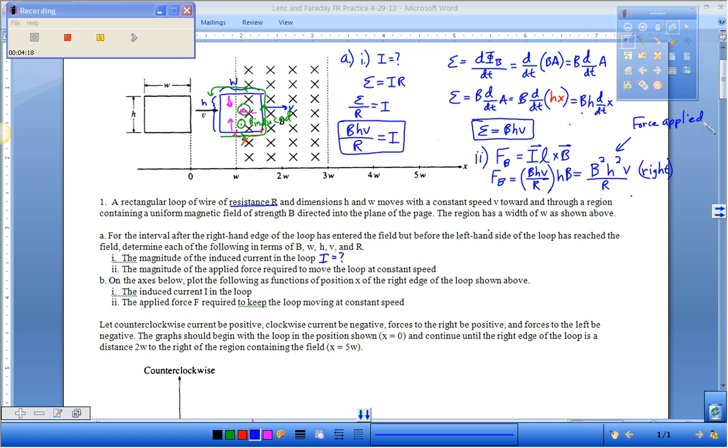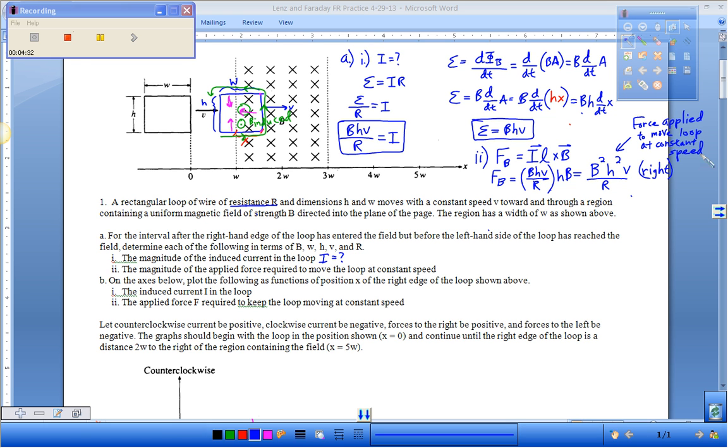So the force I need to apply to move the loop at constant speed. Hopefully that blue shows up okay on your computer screen. Let's keep our fingers crossed.